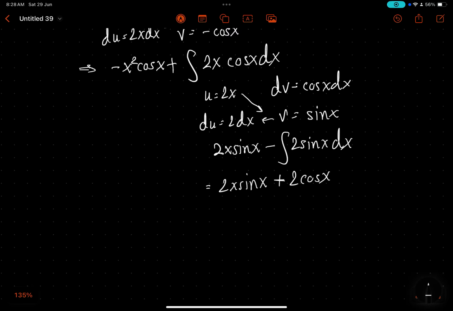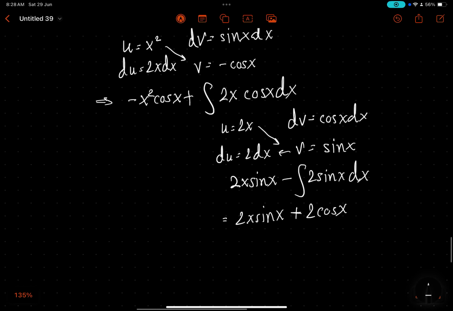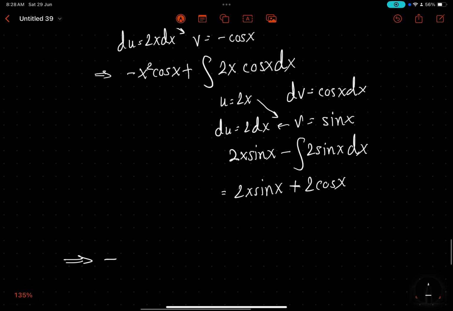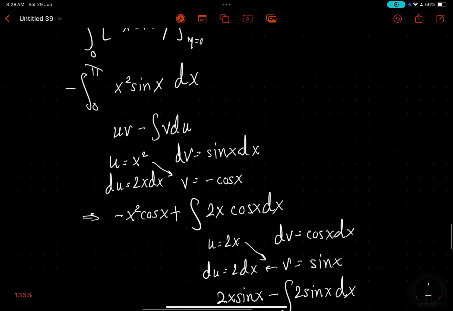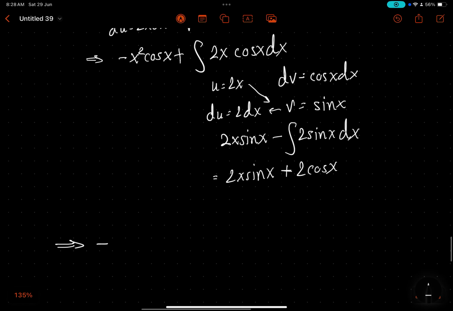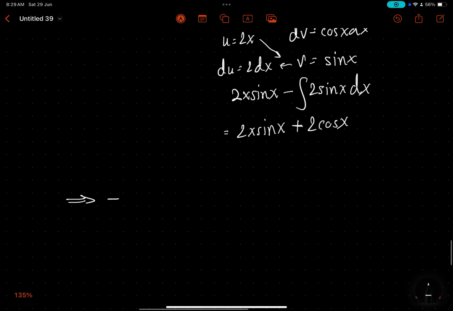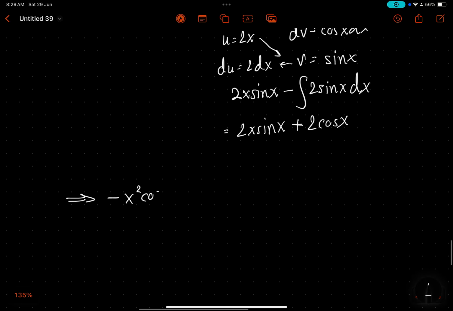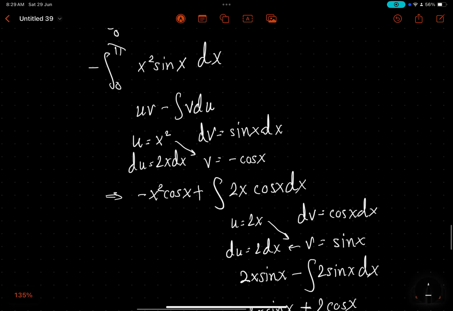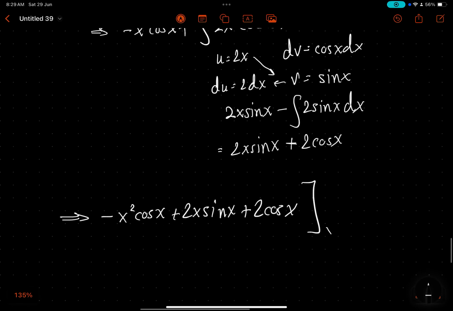And so our integral becomes: first it was minus x squared cosine of x, and then we add 2x sine of x, and then plus 2 cosine of x, evaluated from x equals 0 to x equals pi.